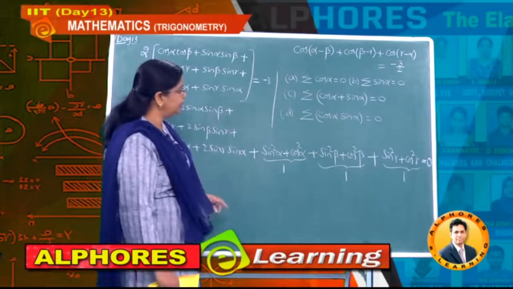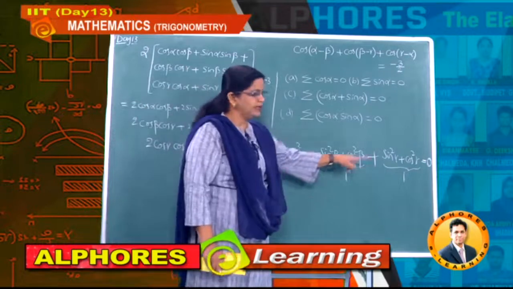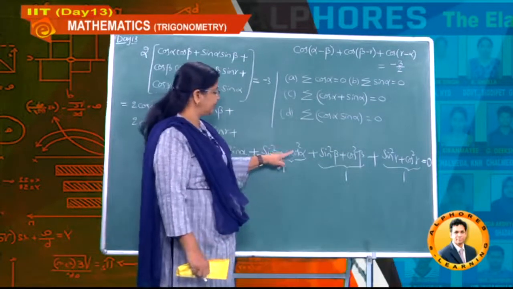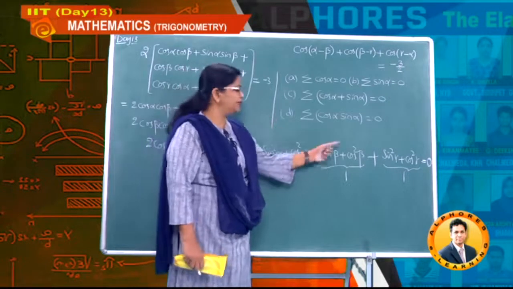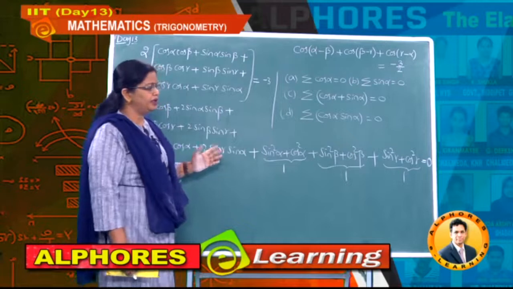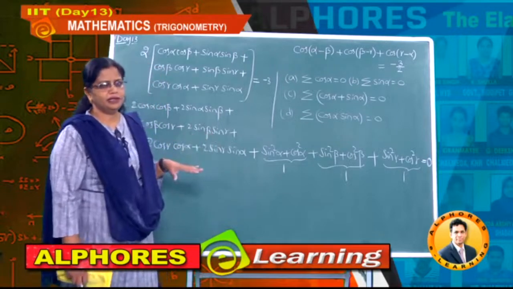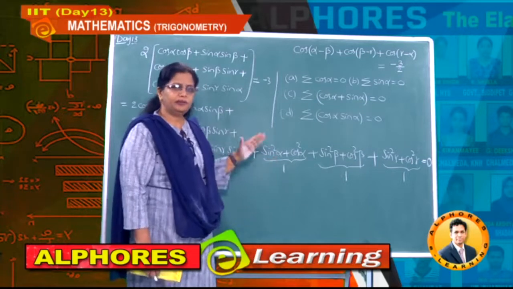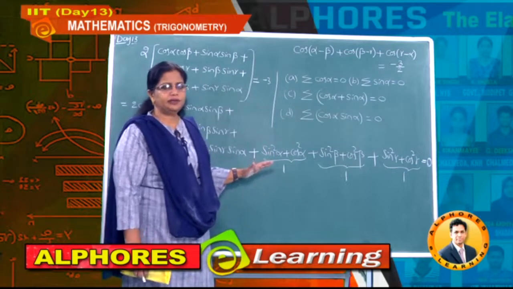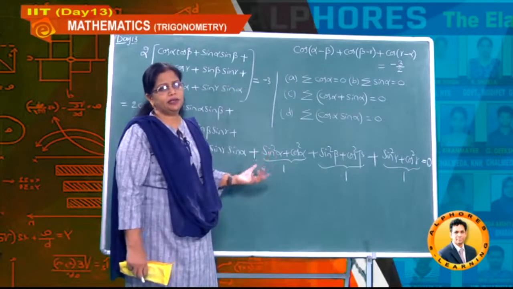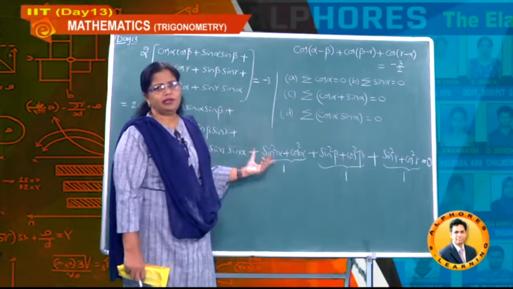And that 3 how did we write? 1 plus 1 plus 1 we split, and each 1 we wrote as sin square plus cos square. Then you should not immediately doubt how we can get such ideas. You will get these ideas after rigorous practice. So do not worry in the beginning itself how we can get such ideas. You will get very good ideas then.